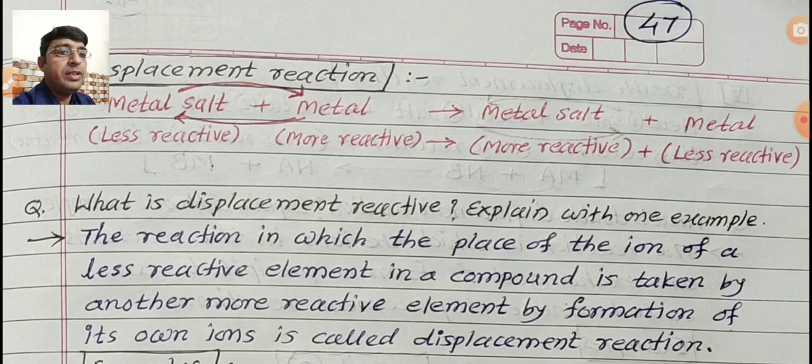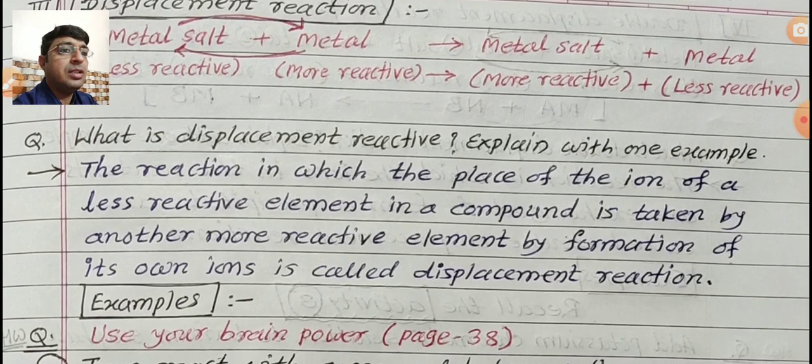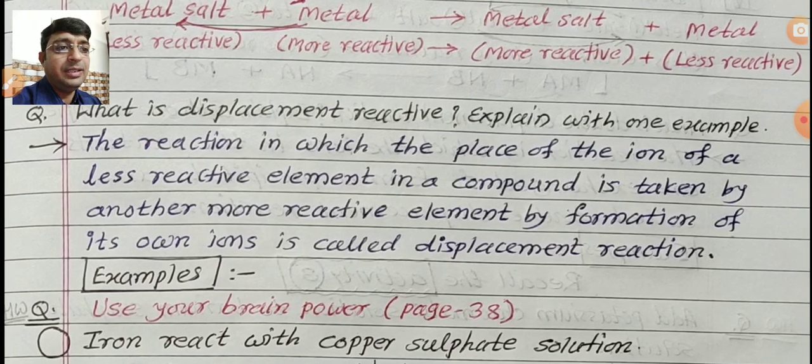Question is asked, what is displacement reaction, and explain with the help of an example. You make the correction. Displacement reaction: the reaction in which the place of the ion of a less reactive element in a compound is taken by another more reactive element by formation of its own ion is called displacement reaction.